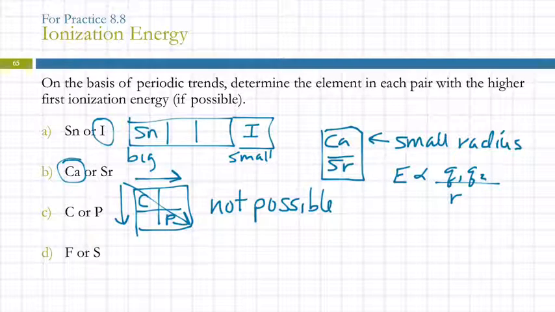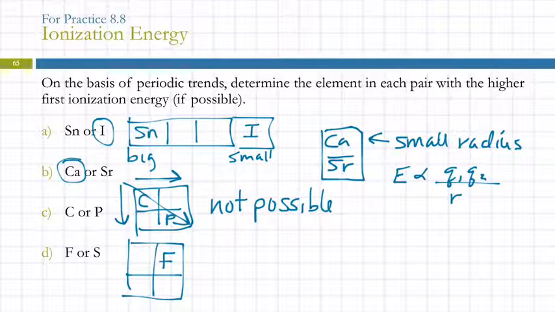Okay, fluorine or sulfur? Okay, so these are also diagonal, but in the opposite way. Going across predicts getting smaller. Coming down predicts getting bigger, right? So sulfur is larger.